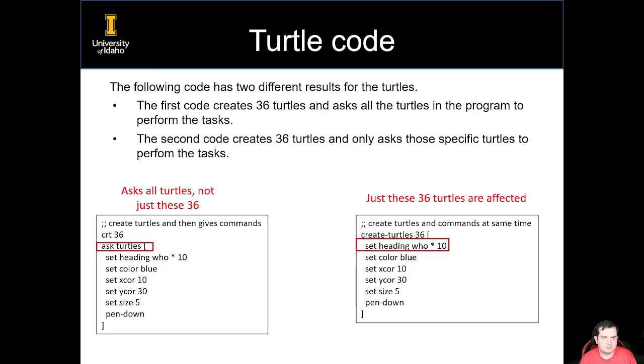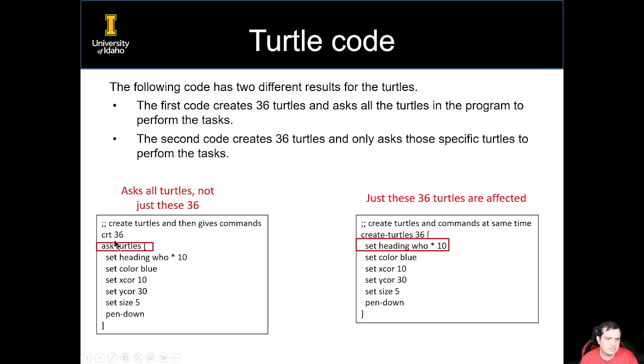So right here, we have code that has two different results for turtles. Our first one over here creates 36 turtles and asks all of the turtles in the program to perform the task. And then the second code creates 36 turtles and only asks these specific turtles to perform tasks. Now you might be going, well, what's the real difference here?